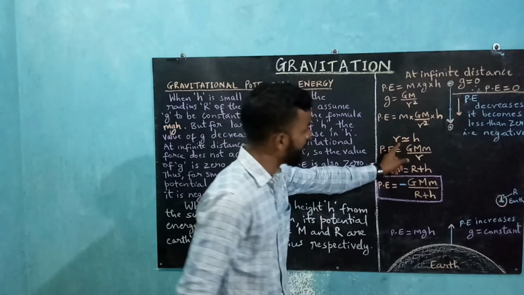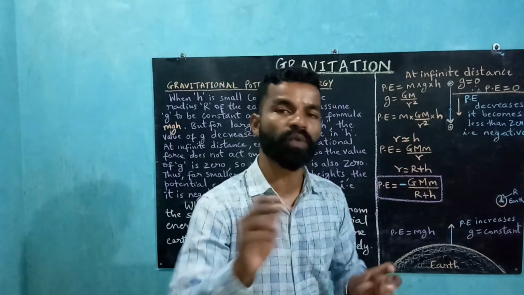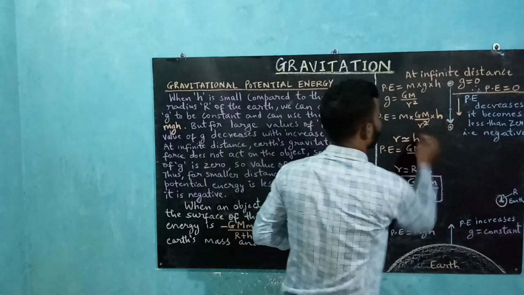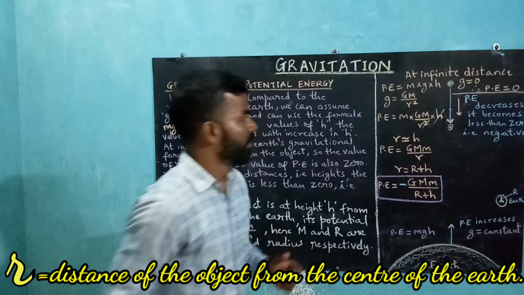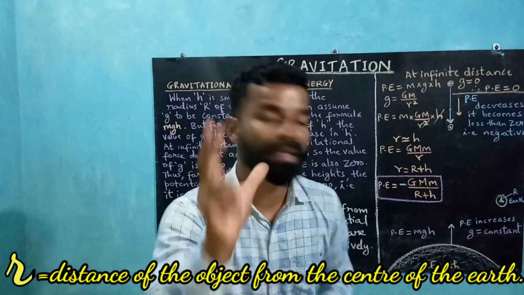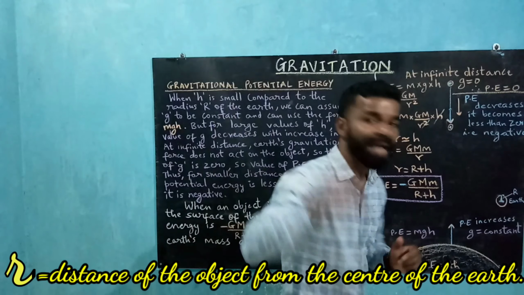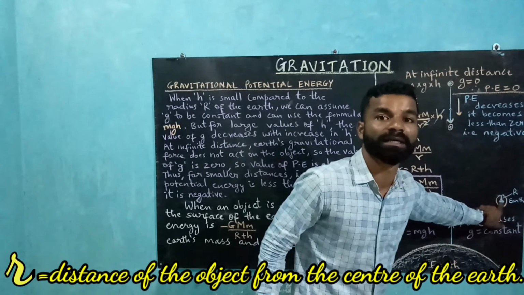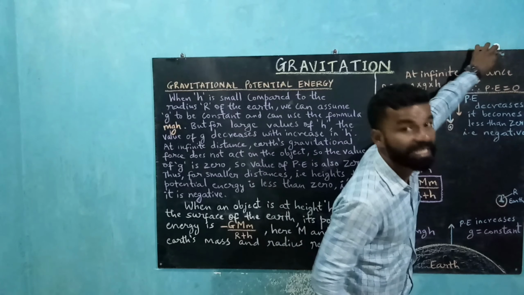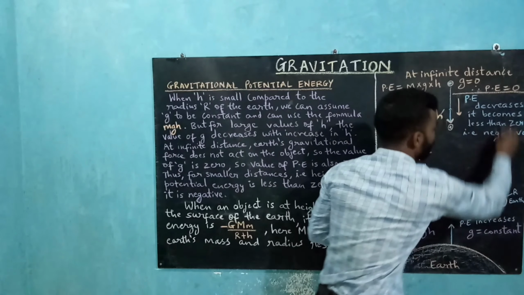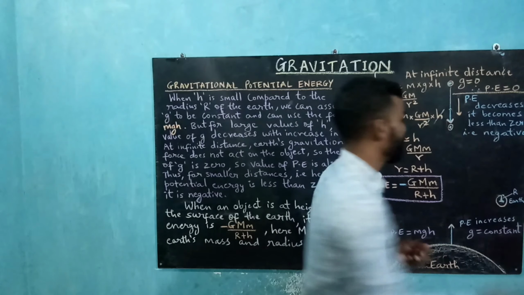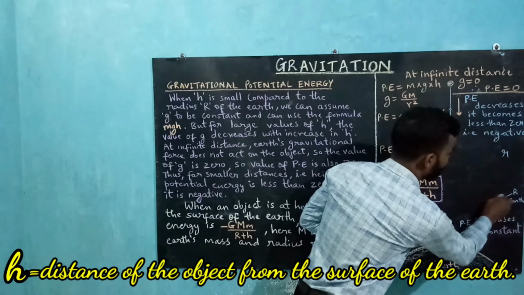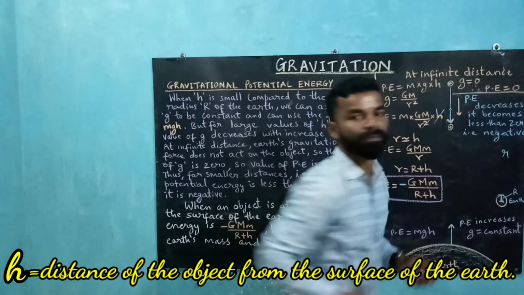Now next we are taking r as almost equal to h. So we are taking it as equal and we are cancelling one of the r with h. Now you have to know the difference between r and h very well. So r, small r, is the distance of the object from the center of the earth. So if you consider the object at this place, this full distance till the center of the earth is small r, and h is the distance from the surface of the earth till the object.